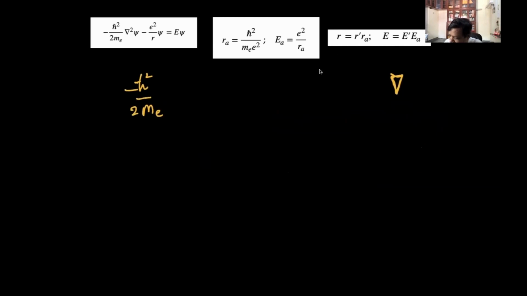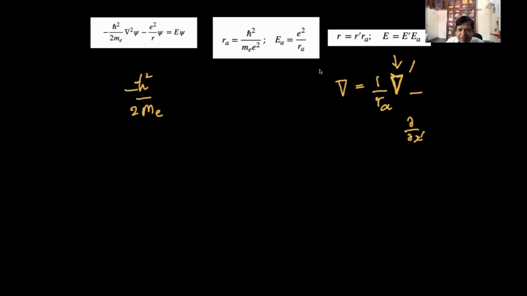So I'm going to write gradient equal to gradient prime divided by r_a. Now this gradient prime has no dimension, so it is basically d by dx prime, d by dy prime, and so on.